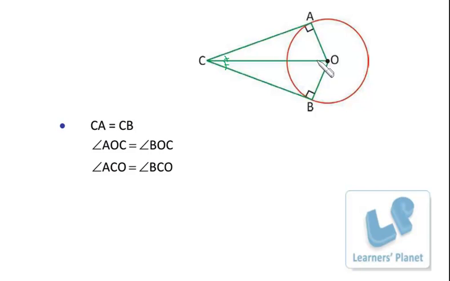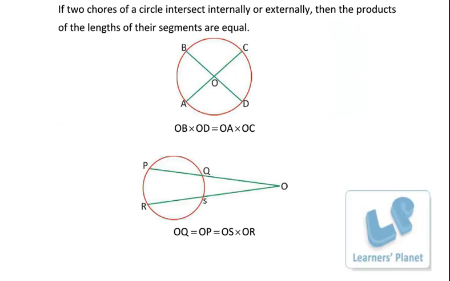So once again, two important properties: CA will be equal to CB, that is the first one. Angle OAC will be equal to angle OBC, both of them equal to 90 degrees. And yes, the two triangles will be congruent to each other.